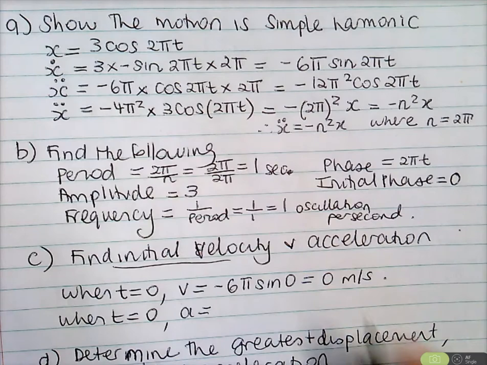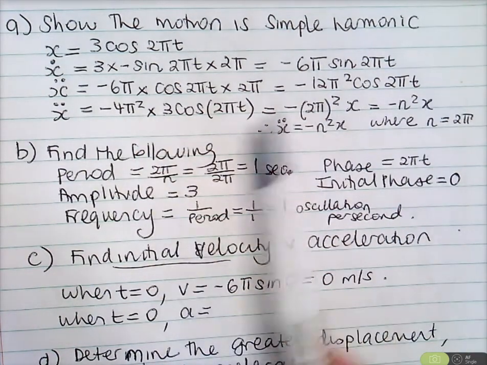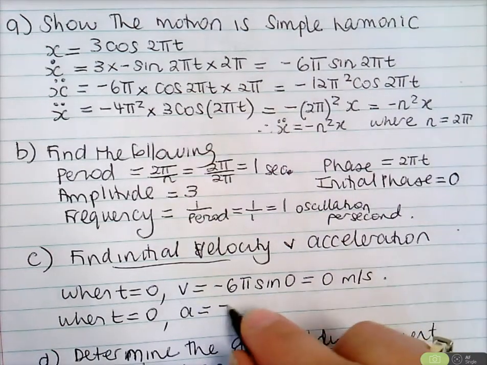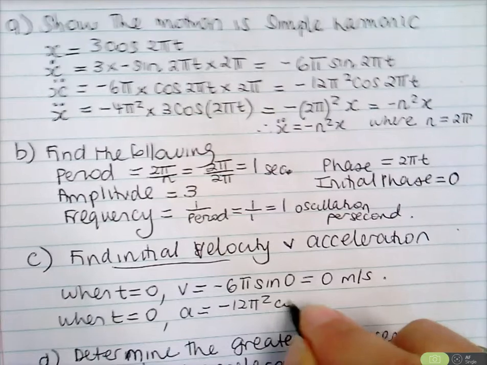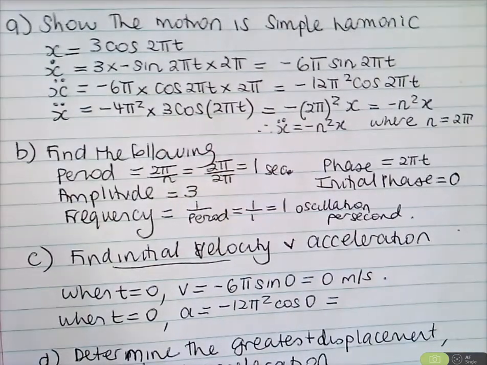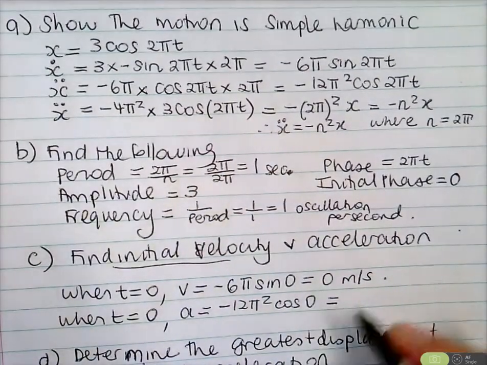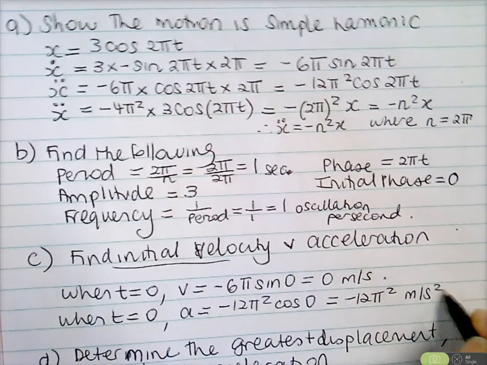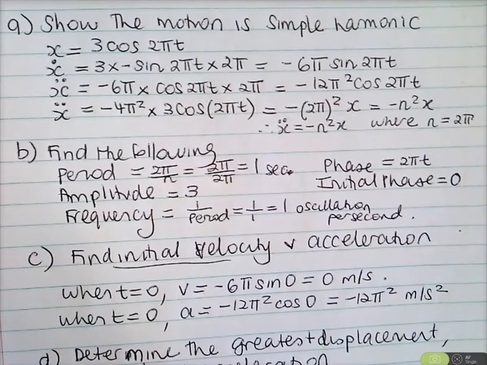And the initial acceleration, just putting that into the acceleration equation, is negative 12 pi squared cos 0. What's cos 0? 1. So it's negative 12 pi squared meters per second squared, because cos of 0 is 1.